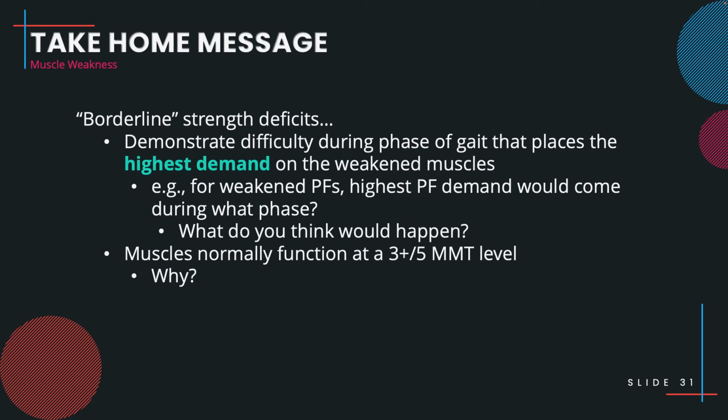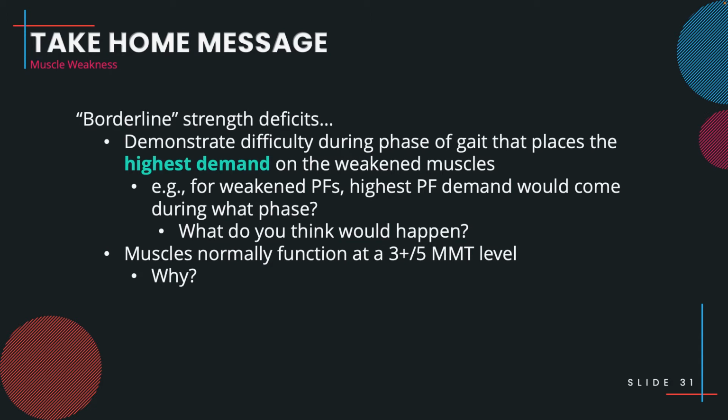Now, another point from this slide is that during the gait cycle, muscles usually function at what would equate to about a 3+ out of 5 MMT level when it comes to how hard they're contracting. The reason for that is that the muscles want to leave adequate reserves to avoid fatigue.